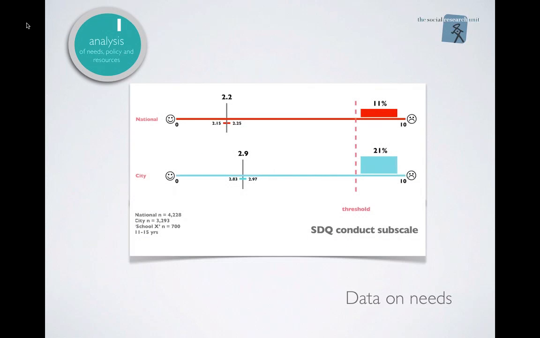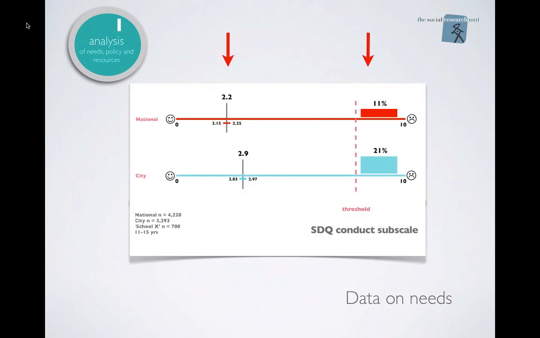The information can also be used to help estimate the size of a realistic improvement in child outcomes. For example, this graph shows that the behaviour of the average child in the city, represented by the blue line, is significantly worse than that of the average child nationally, and that nearly twice as many children have a likely conduct disorder, 21% compared with 11%.